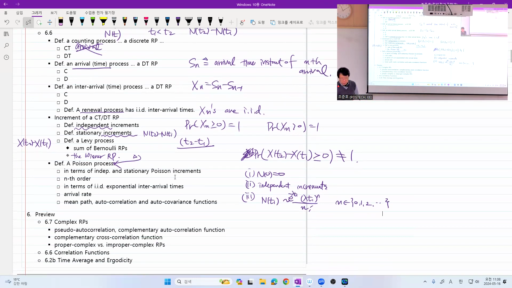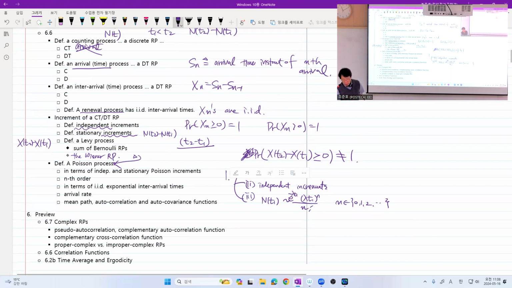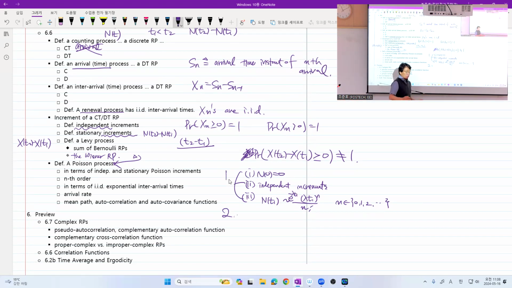Anyway, from these three descriptions, we can derive the first order PMF, second order PMF, any nth order PMF. And at the same time, we can show that the increments are stationary. So this is the first way to define Poisson random process in our textbook and most of the regular graduate level textbooks on random process.